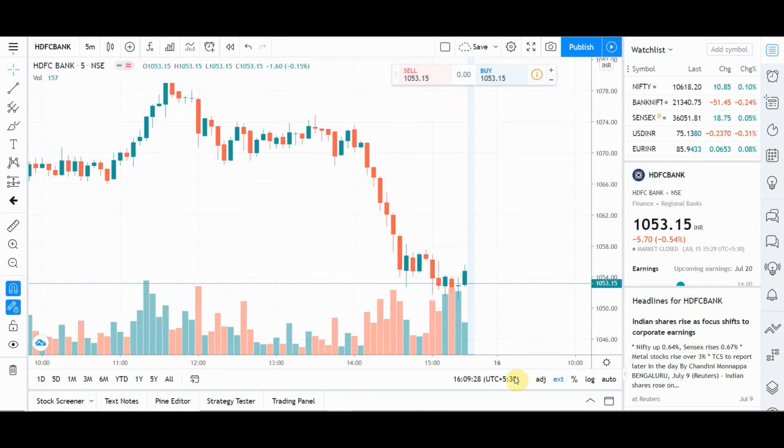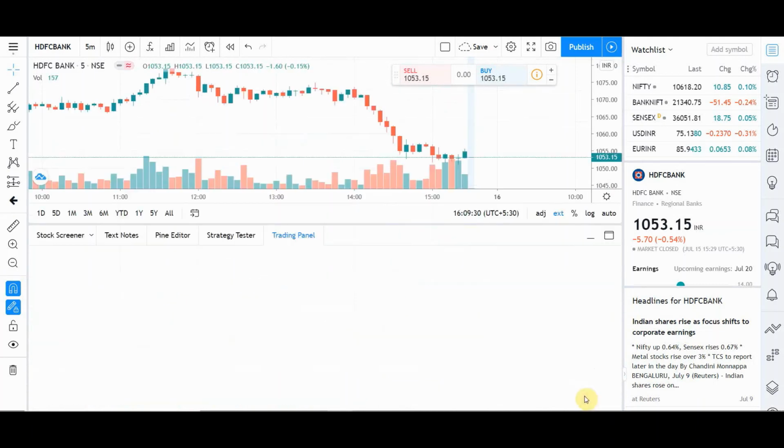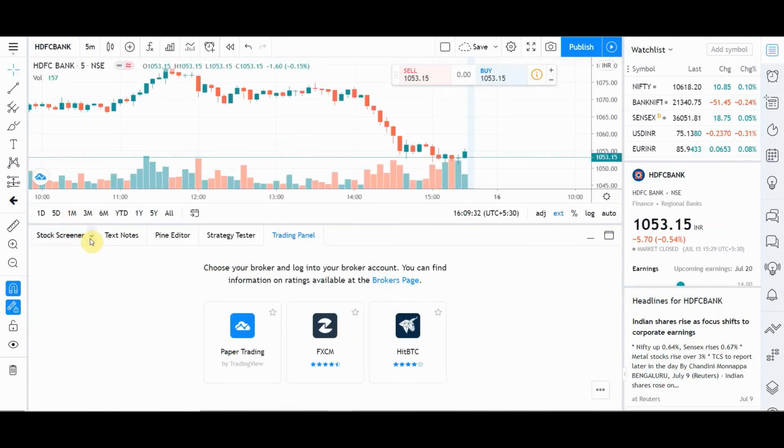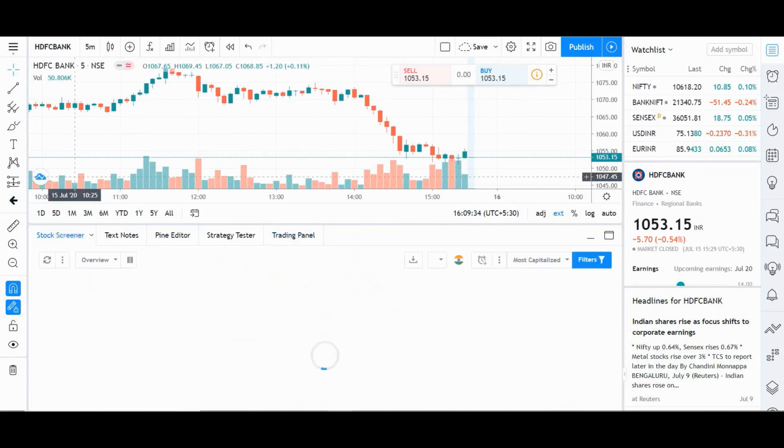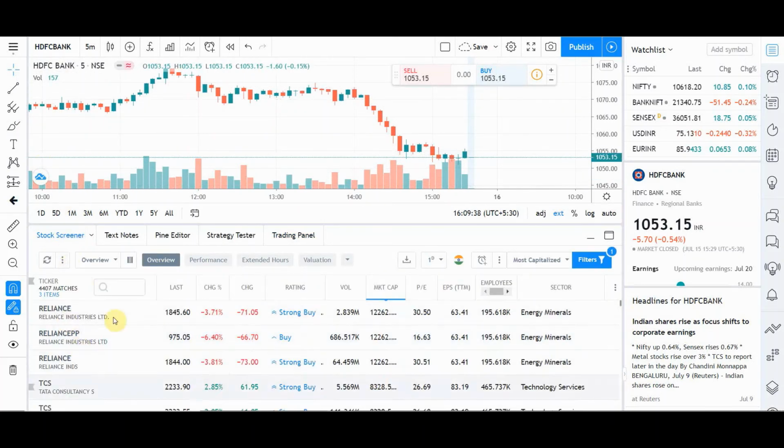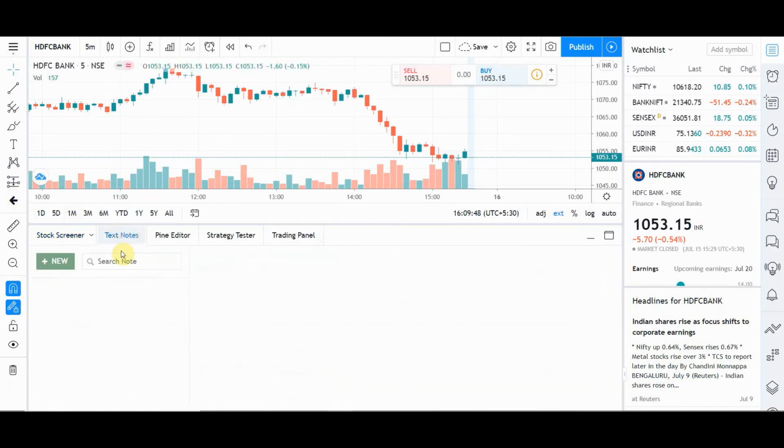And coming to the downward portion, we can see the stock screener. We have seen in the home page the same thing in short. We can see it here in the stock screener. Here we can adjust according to our needs, and here we can see the text note.